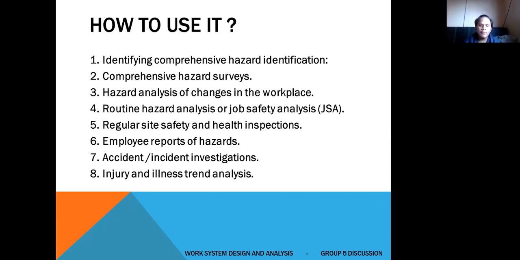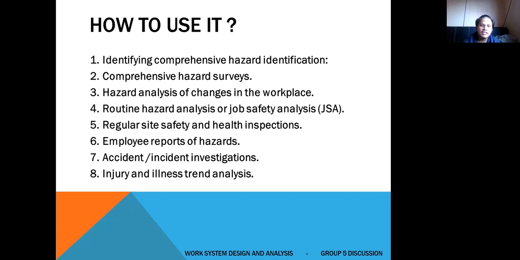So we will not find the hazards of the workplace in one time. We need a routine, continuously every day, to check if the tool is completely okay or not.